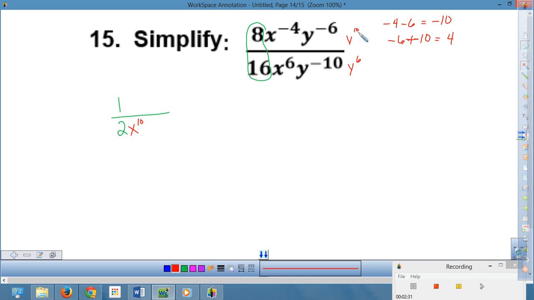And if you look here, when we move them, that's 10 minus 6, which is 4. And the bigger one technically is the top one, so it'll be y to the 4th on the top. And do we really need this 1 right here? Not really, because we have a y there. So ultimately, this becomes our final answer.